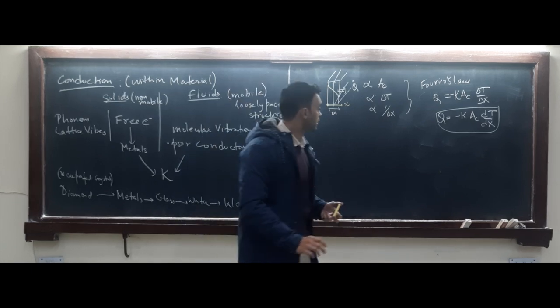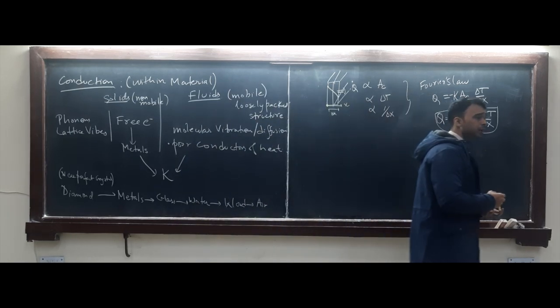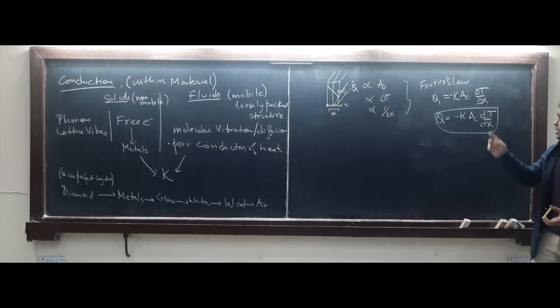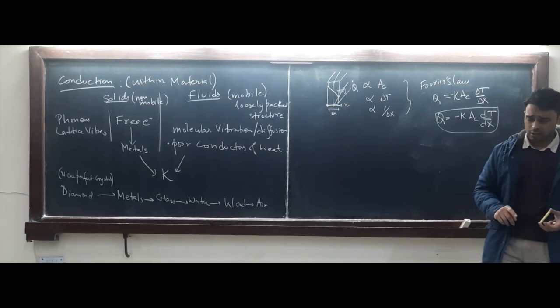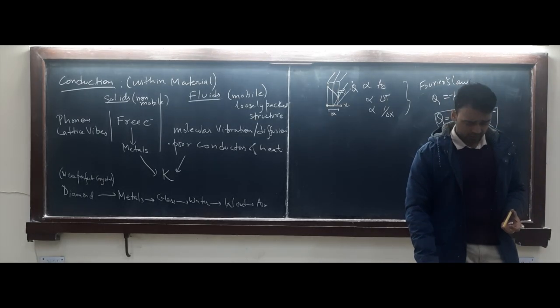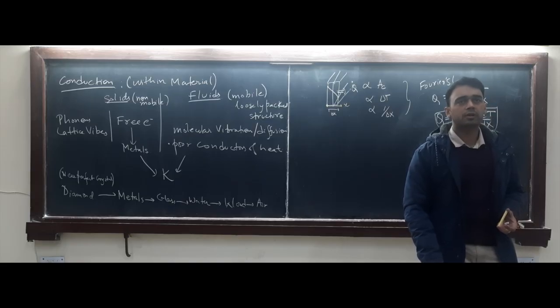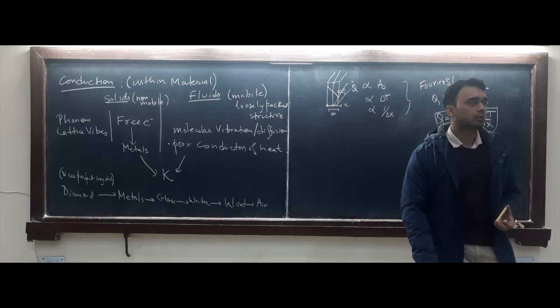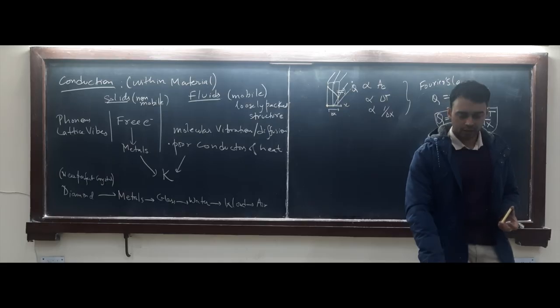What are we assuming here? Are there any assumptions that we are making? For example, can I use Fourier's law for a wood that I just chopped from a tree? I'm not talking about engineering wood like this table, where everything is mishmashed together.